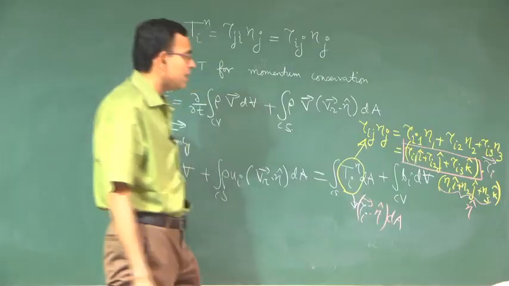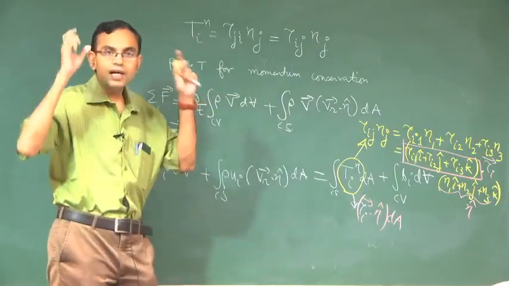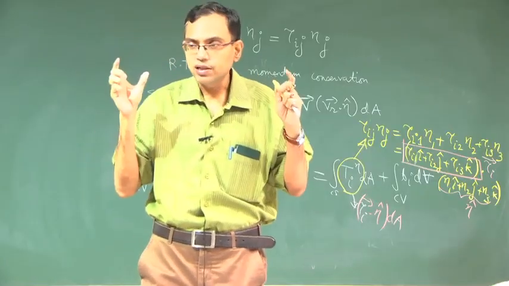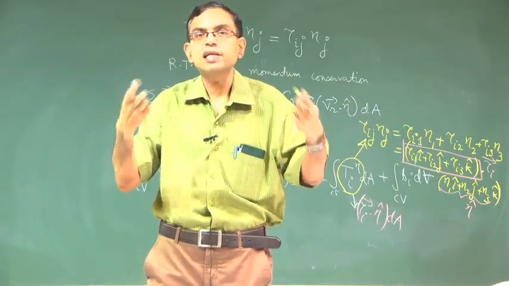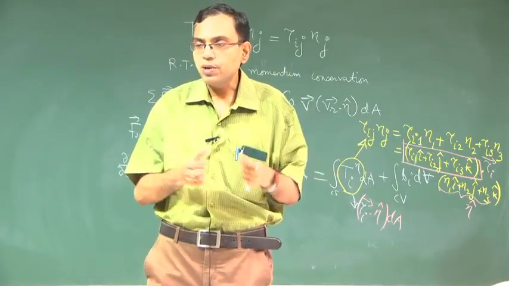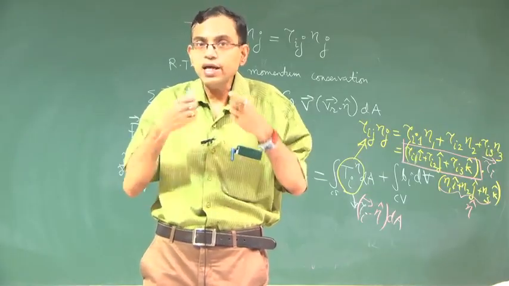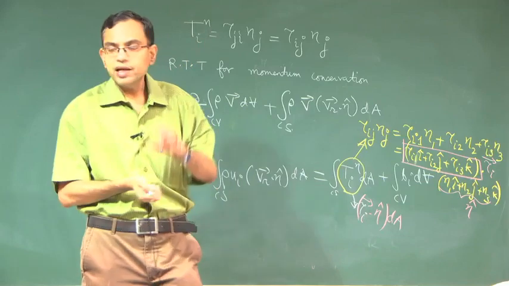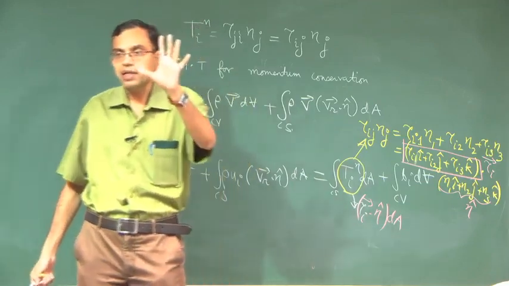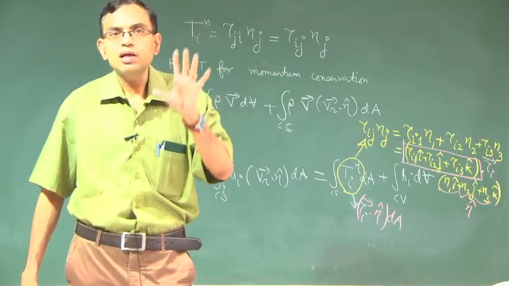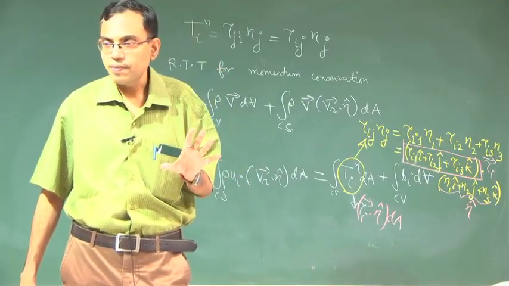Why we are doing all this? We are keeping a strategy in mind, and as a teacher it is very important that we expose this strategy to our students. Otherwise students will try to memorize these derivations. See, Reynolds transport theorem gives us an integral equation. We want to derive a differential equation for momentum conservation.